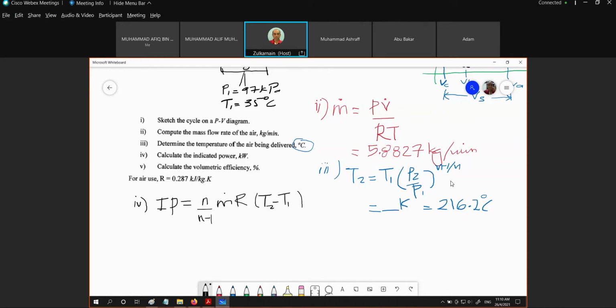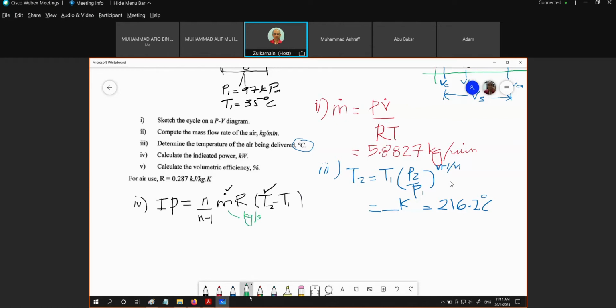The question usually makes it easy for you, because it already asked for the m dot, which is from part 1, and T2, which is from part 3. So you just put in all the values, but make sure you convert the m dot to kilogram per second, because part 2 is in kilogram per minute.